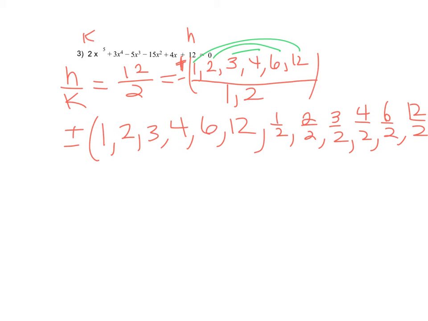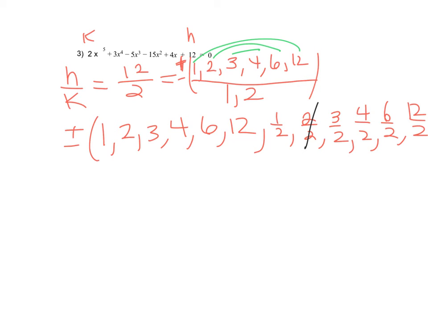Now I'm going to look at these and say, okay, some of these are repeaters. So 1/2, not a repeater. 2 over 2 though, 2 over 2 is just 1, so I'm just going to cross that off for a minute. And 3 over 2, that's not here.